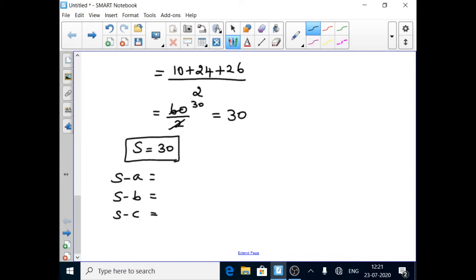So 30 minus 10, you will get 20 centimeter. Then b value is 24, so 30 minus 24 is equal to 6 centimeter. Then 30 minus 26 is equal to 4 centimeter.